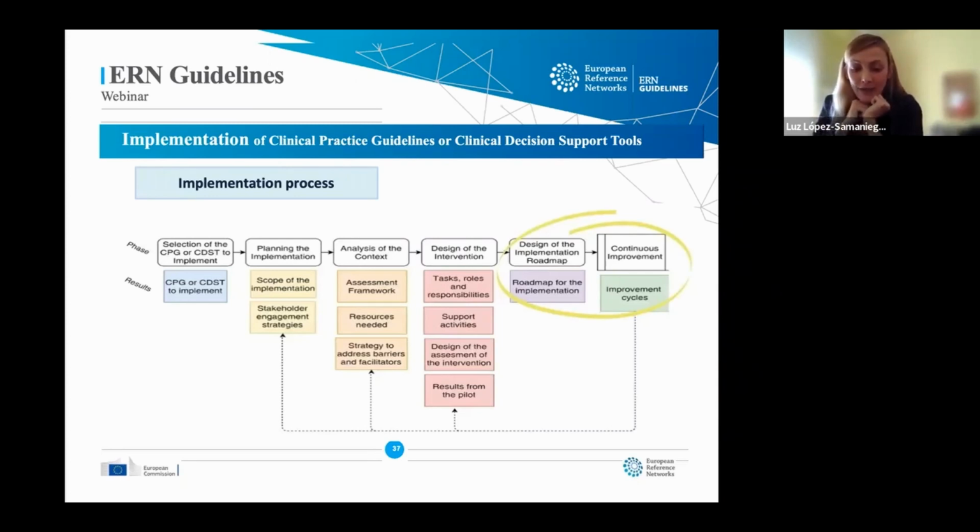Also, by the end of this phase, the stakeholders should be identified and classified according to their potential influence in the development of the implementation, and their support and strategies to engage them.